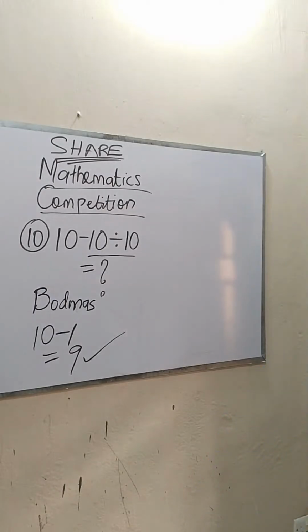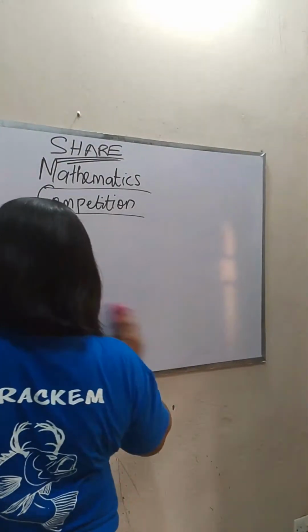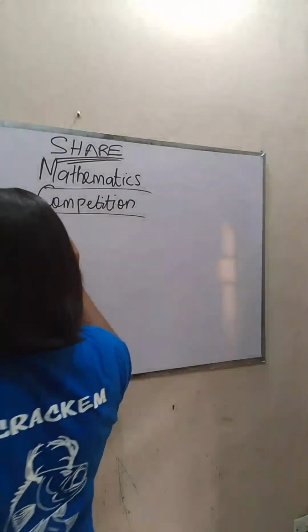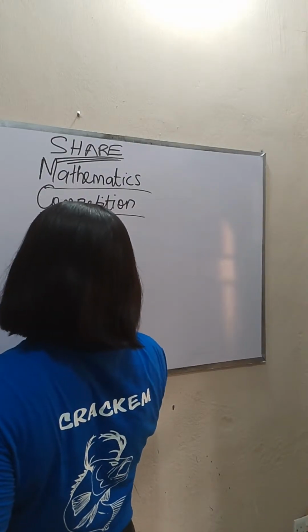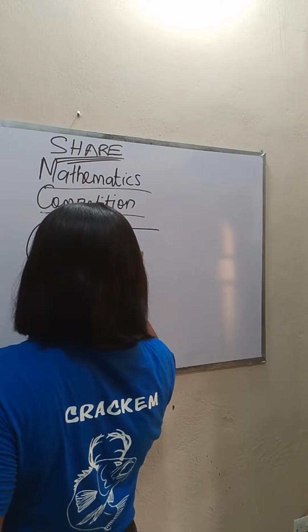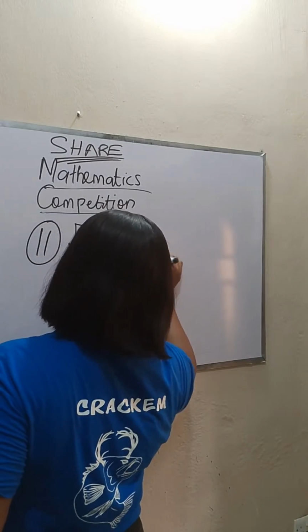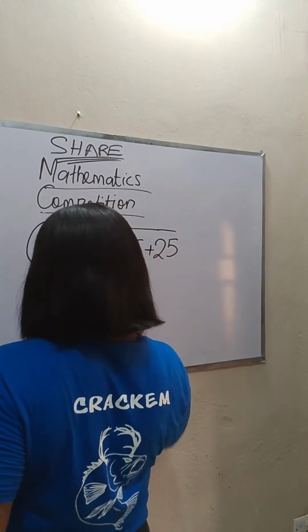So we'll go to the next question, which is question number 11. Question number 11 says, we are given 25 plus 25 plus 25. We say find the answer.